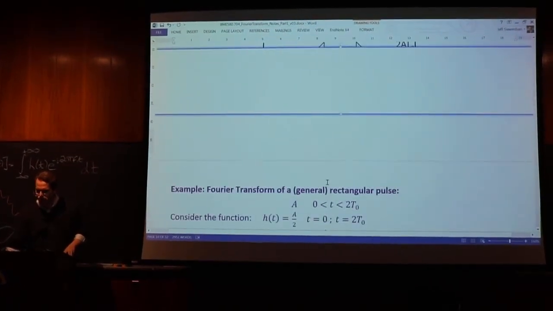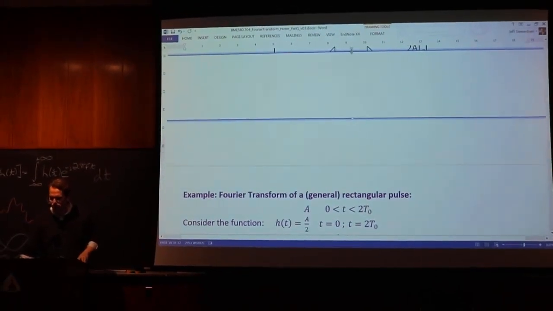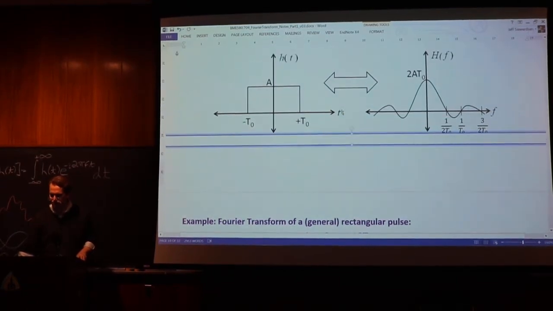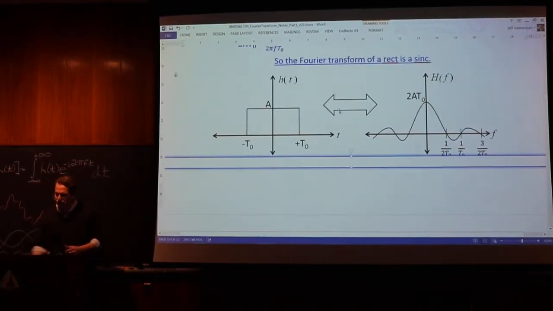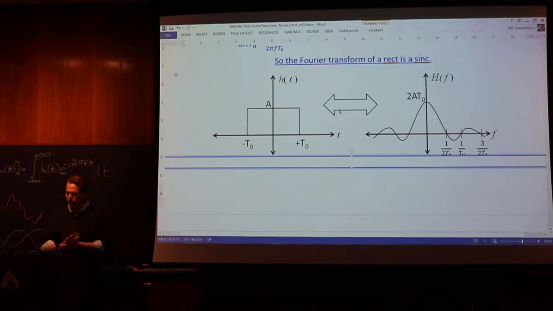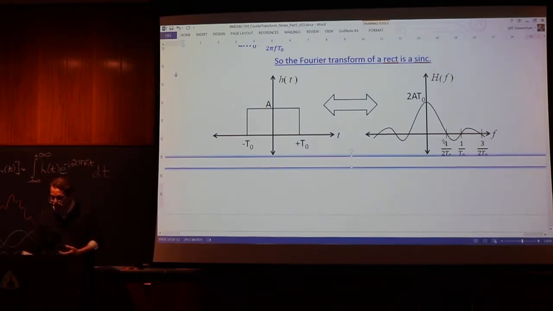Oh, I'm sorry. Well, here it is. All right, no more slow reveals. So there they are. The Fourier pairs of a rect and a sinc function, the amplitude relationship a to 2a t naught. Where the zeros of that sinc function lie in relation to the width of this thing, right?